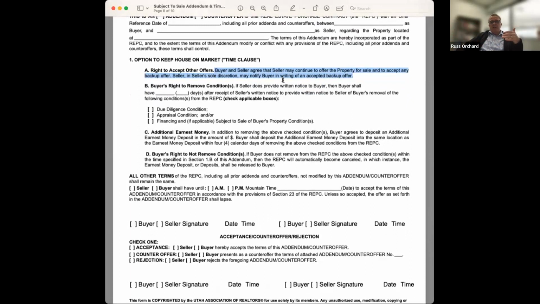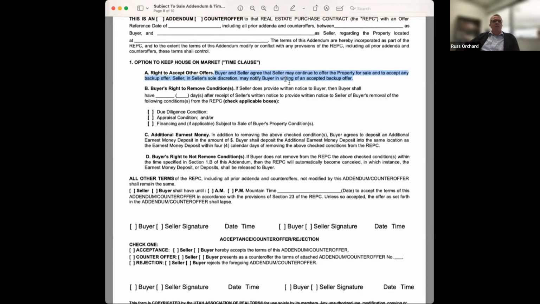I just want to make sure that piece is clear, because I think a lot of times agents assume, well, we got another offer, we need to start this time clause, and you don't. It's the seller, in the seller's sole discretion, who may notify the buyer in writing. So if they're just going to keep it in a backup position, you don't even have to say a word to the buyer. But if they do want to enact it, then that's where we would come into this.